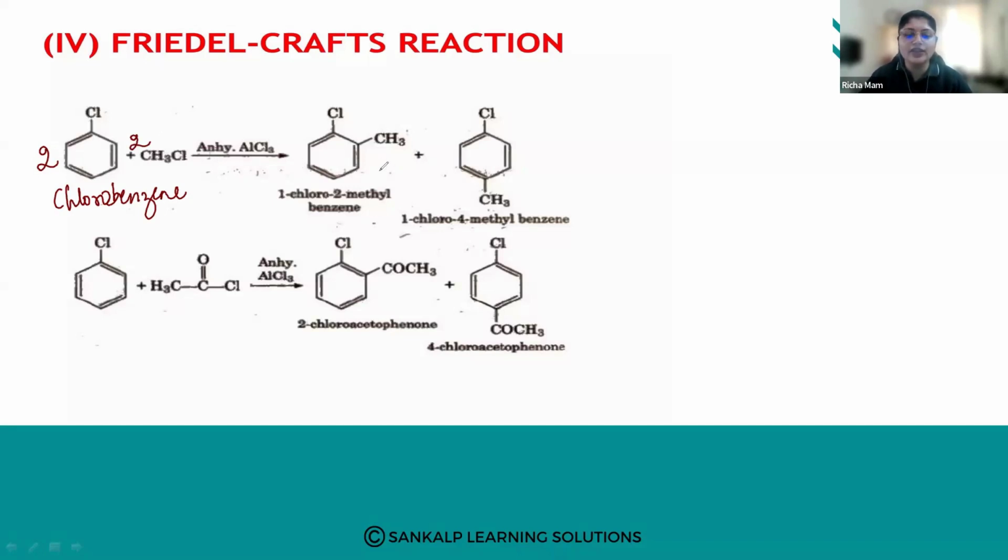What we get is 1-chloro-2-methylbenzene and 1-chloro-4-methylbenzene. Again, this is a minor product and this is a major product. So this is a Friedel-Crafts alkylation.